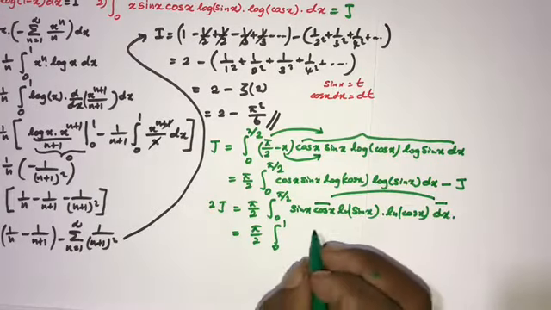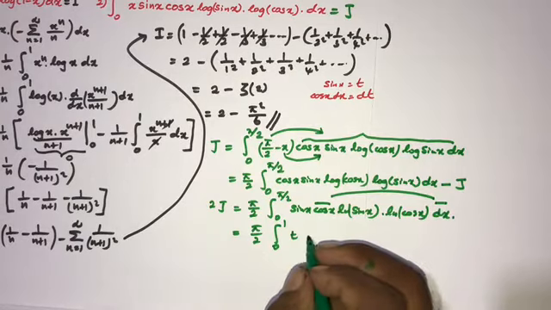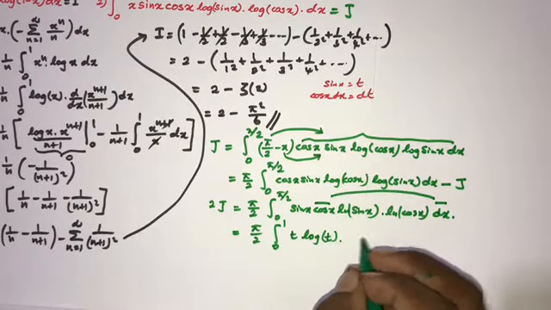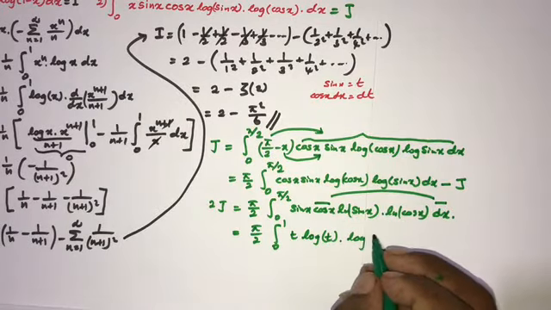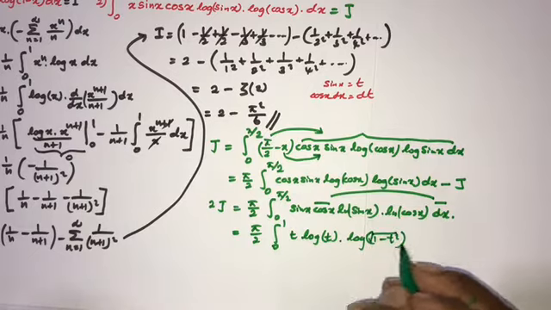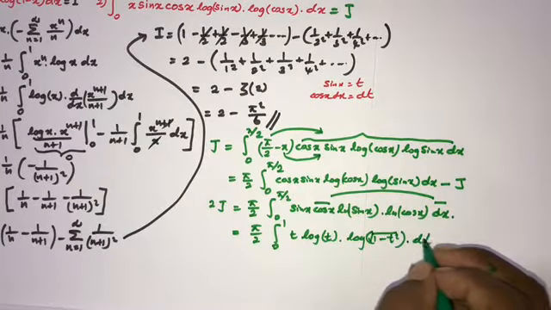Sine of x we can take as t. So t, now natural log of sine of x, so natural log of t, and natural log of cosine of x, 1 minus t squared, here square root, and cosine of x dx, dt.